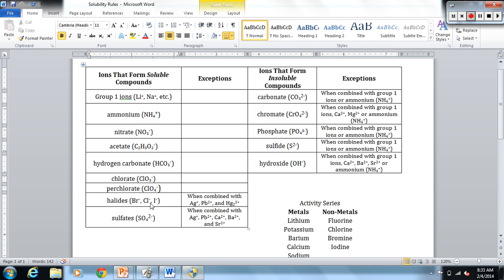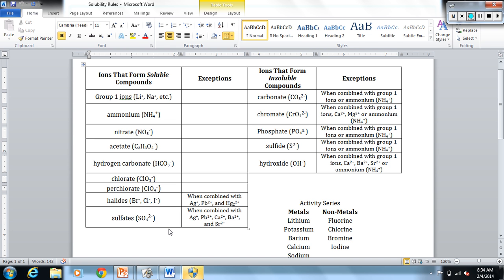Bromide, chloride, iodide, fluoride, etc. Halides are generally soluble. Their exceptions are if you have silver, lead, or mercury. Then those are not soluble in water. Okay, so aluminum chloride would be soluble in water, but silver chloride would not.